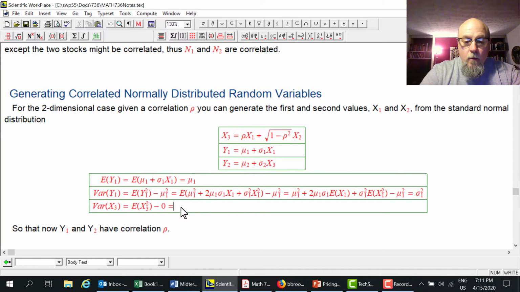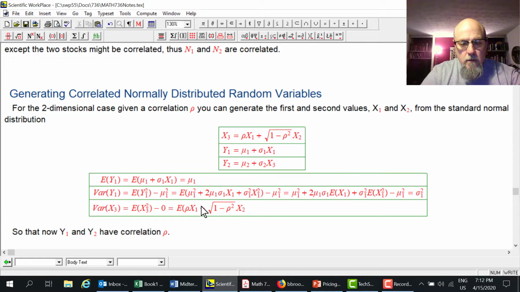All right. Well, that's equal to the expected value of, now I'm squaring this piece, x3. So let's put it in there. Let's square it out.